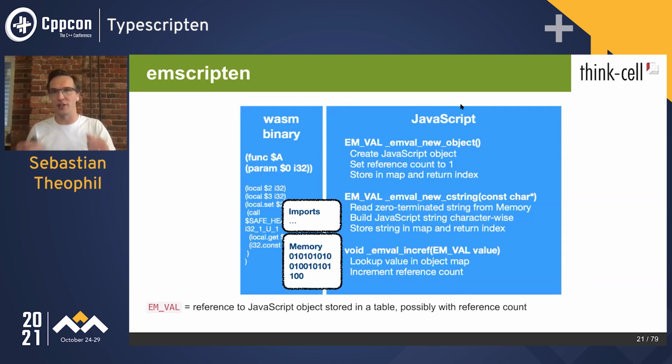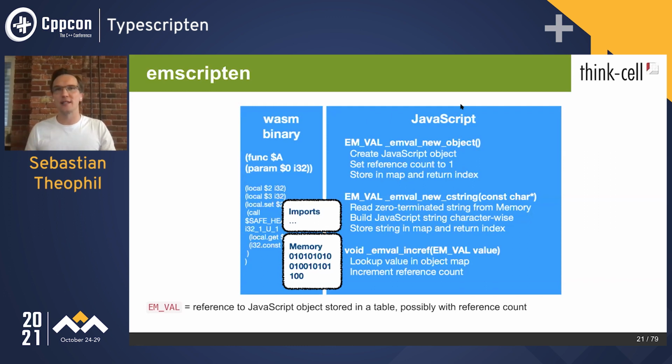So it takes the pointer to the zero-terminated string and then reads that C string character by character from the WebAssembly memory object and appends it character by character to a new JavaScript string. Again, that JavaScript string will be stored in some map with a reference count, and a handle to that string will be returned. So that's already quite a bit of overhead there.